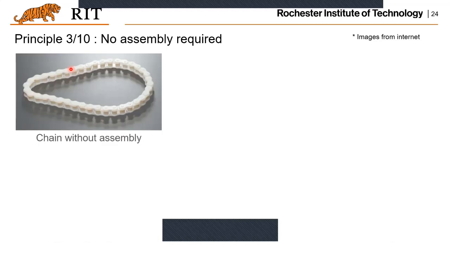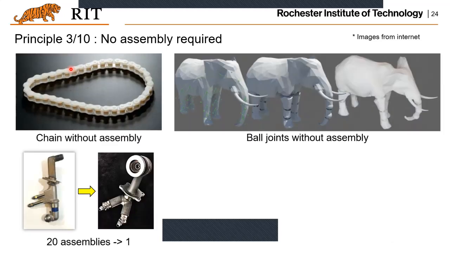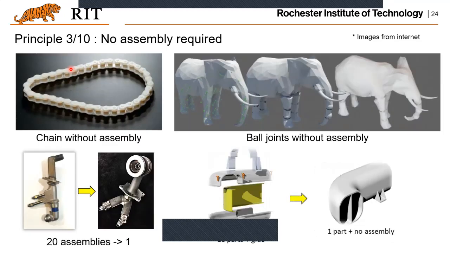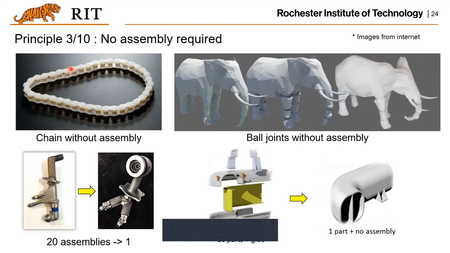The third principle is no assembly required. So for some of the 3D printing processes, like this chain, right? This chain is a fully functioning chain, meaning all those joints can move, which is basically printed in one time using 3D printing.